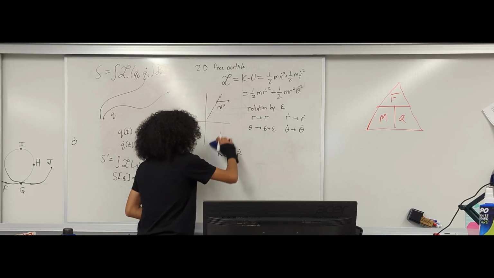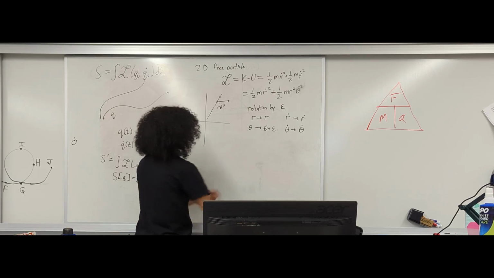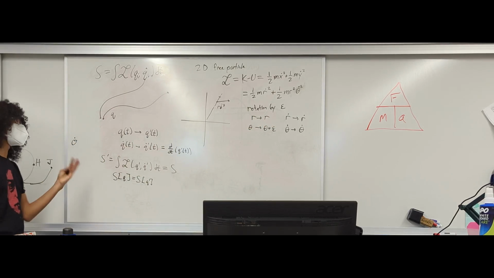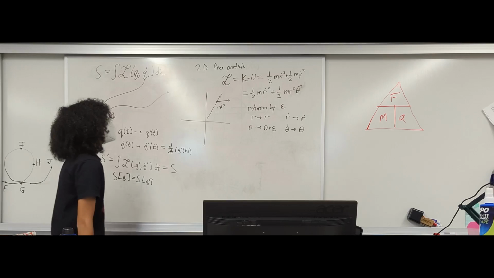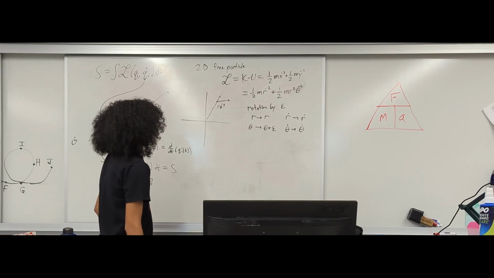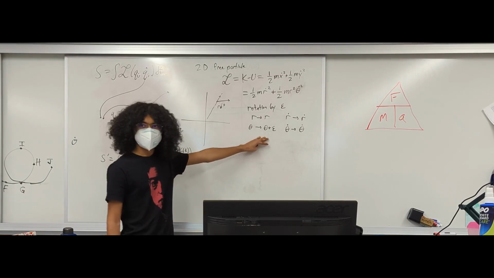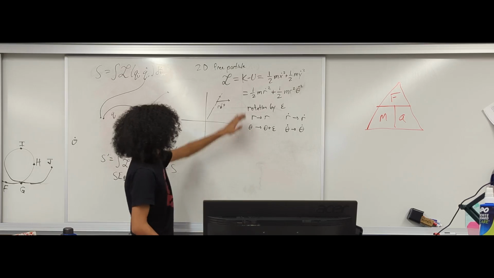Okay. But what happens in that is that r dot wouldn't change because r is not changing. All right. So the only thing in here that changes is theta. Does the Lagrangian depend on theta?